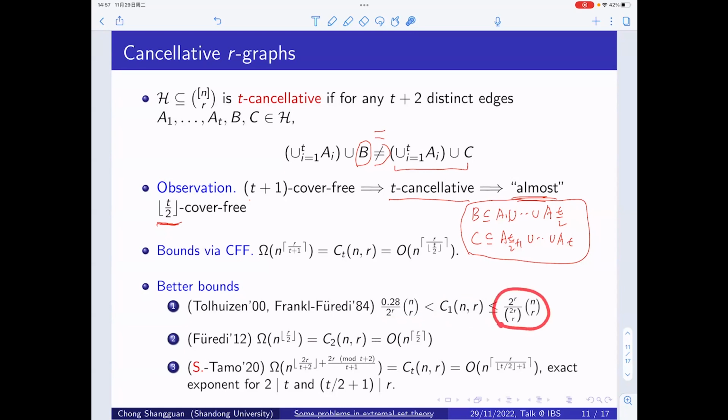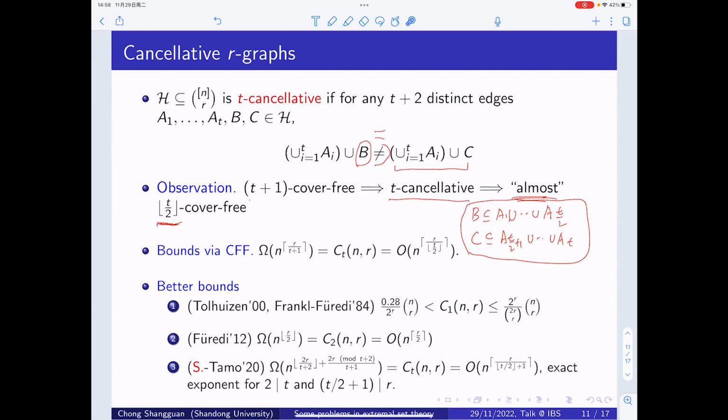And the upper bound is due to Frankl and Füredi. In another paper, Füredi obtained good bounds on 2-cancellative r-graphs, which give the exact exponent for C_2(n,r) whenever 2 divides r. In a joint paper with Zakharov, we also provide some improved upper and lower bounds for this function. And we can also obtain the exact exponent of C_t(n,r) whenever 2 divides t and t over 2 plus 1 divides r.